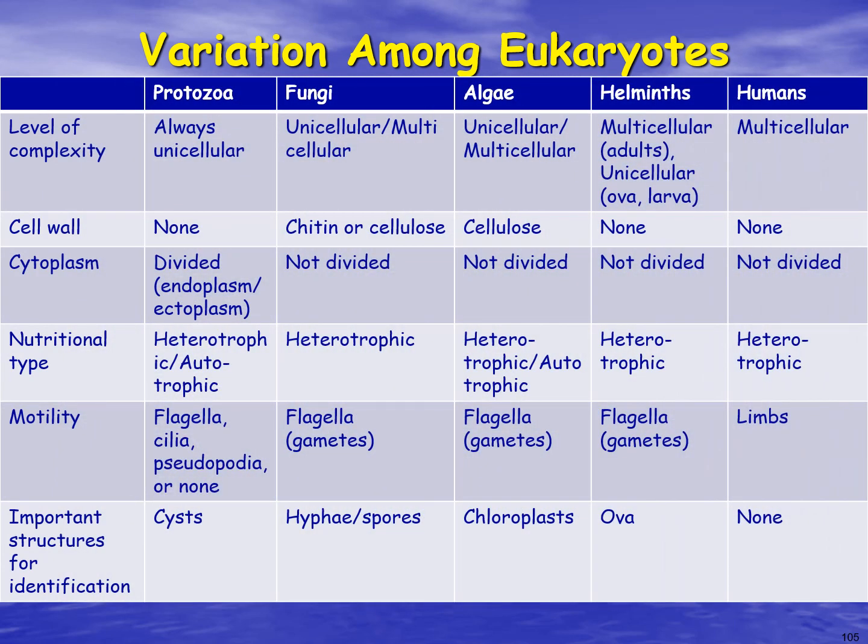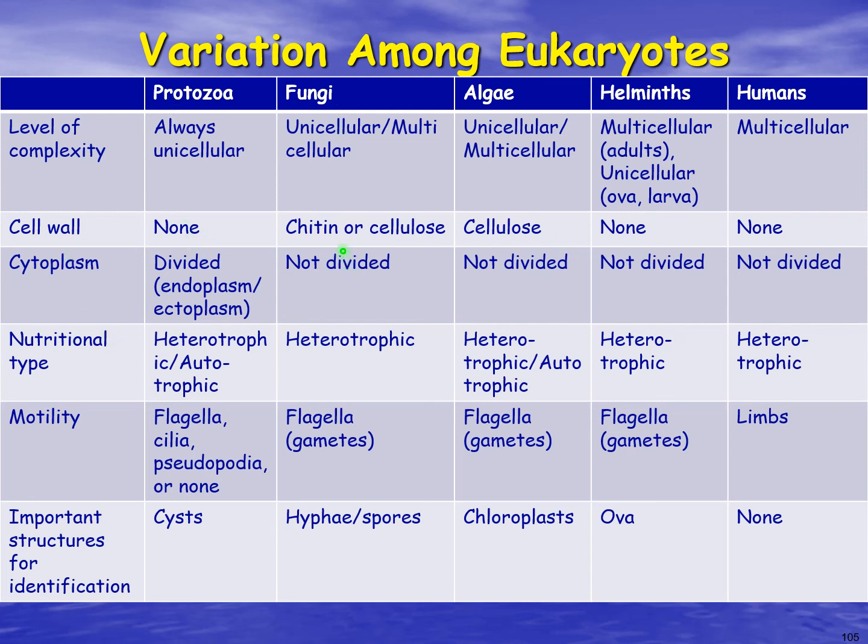So, as we look at the variations among the eukaryotes, the level of complexity: protozoans will always be unicellular. Fungi can be unicellular or multicellular. Same thing with algae. The helminths are multicellular in the adults, but unicellular in their ova or larvae. Cell walls: protozoans don't have one.